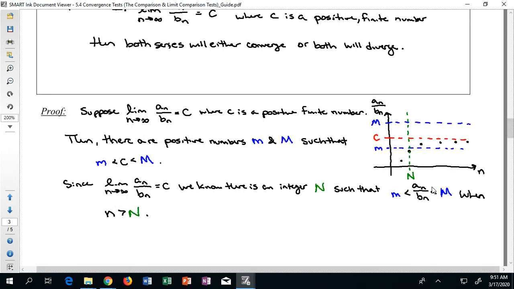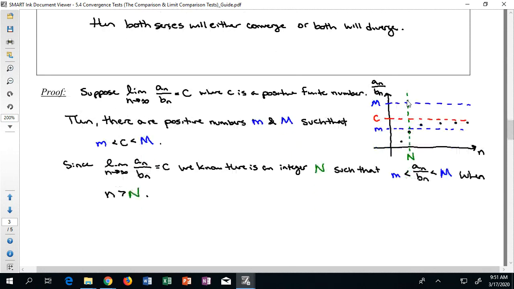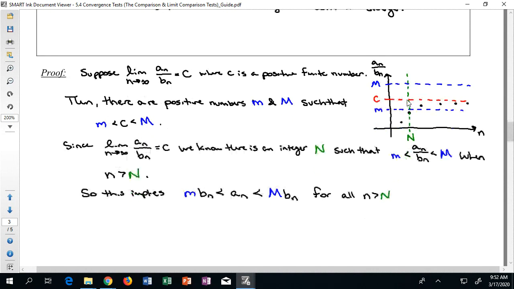But of course, if this is a statement that I can clearly make, I can then modify it slightly. I'll say this implies that if I took my b sub n value and multiplied it through this inequality, I could get that the following is true for all n greater than or equal to capital N. Okay.